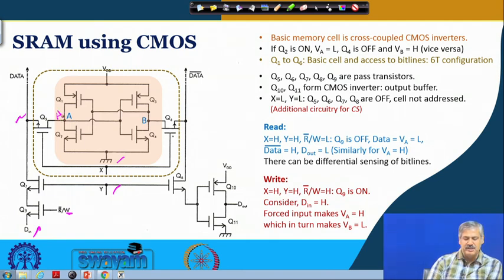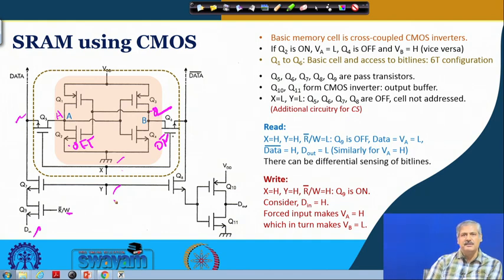So, if it is sending a high, okay, this high will make this one on, right, and that will make it off, okay. This value will be low. So, this low will make this off, right, and this will remain at high. Then if you remove it, because of its bistable nature, it will continue to remain at this value. So, that is getting switched, okay.